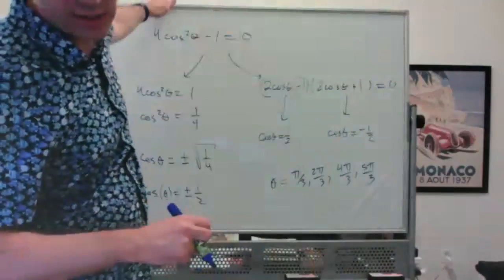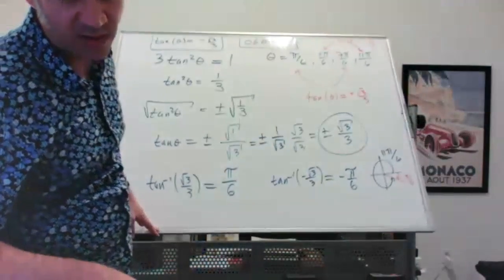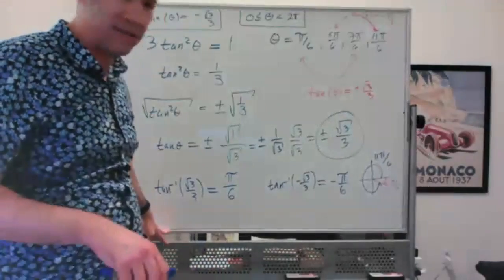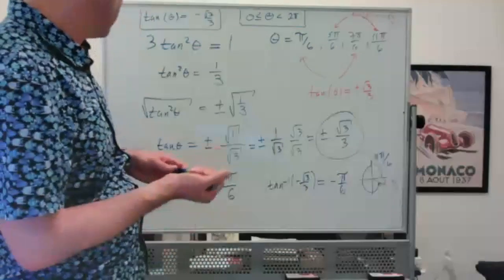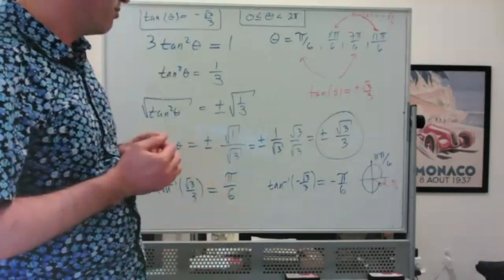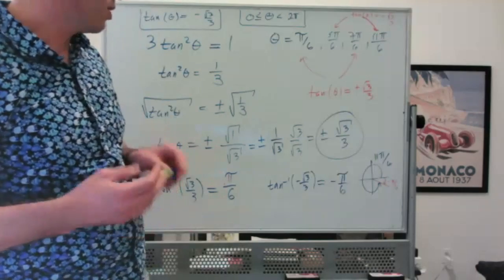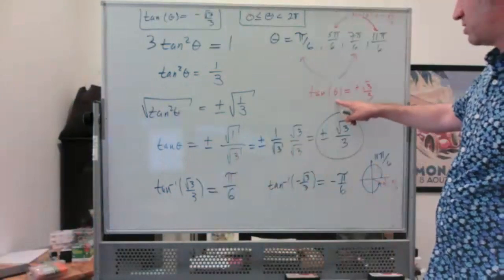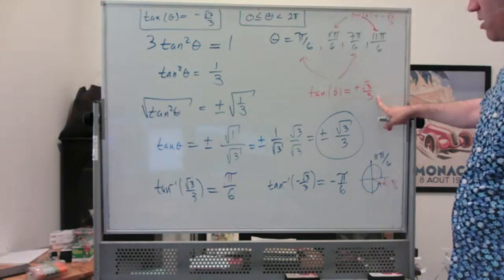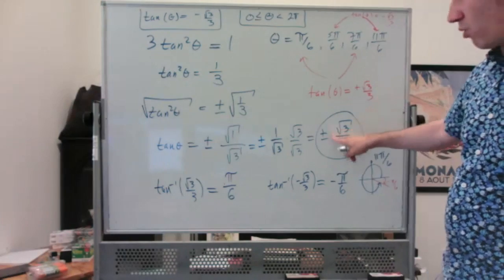Somebody asked, though, how do you work backwards from pi over 6? We have to get the reference angle from 5 pi over 6, but don't know how to go back. I'm not really sure what the question is asking there. What I did was I said, I know that I'm trying to solve tangent theta equals root 3 over 3, and it can be positive or negative.